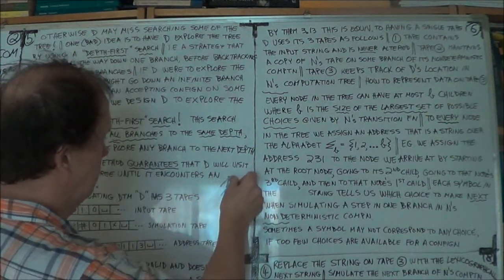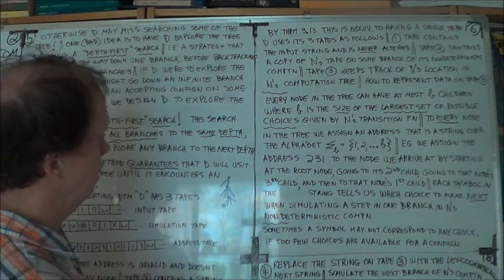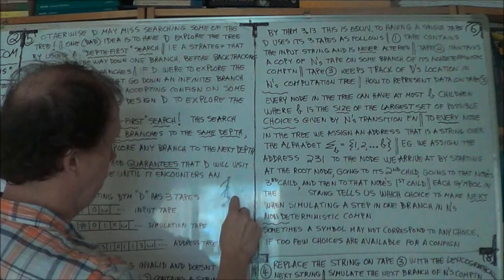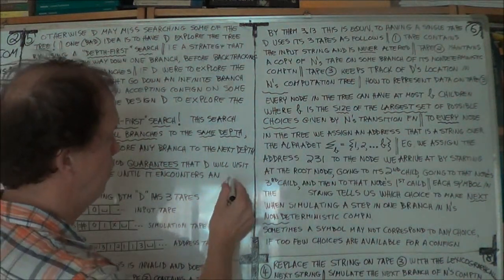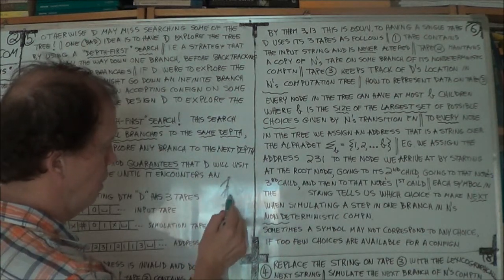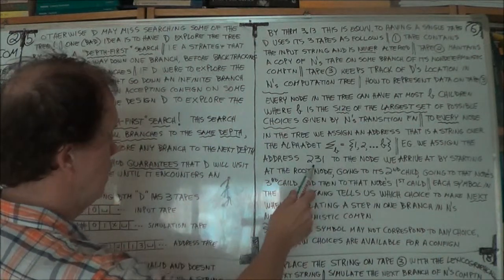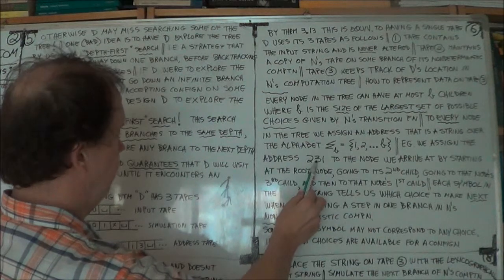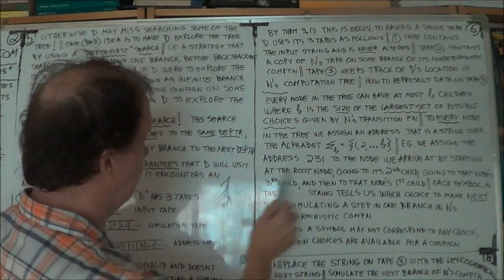Say we had a tree something like this. The root node had just 2 choices, and then this node had 3, and this one had 3. And say you have an address, imagine 344. So you had that address 344.